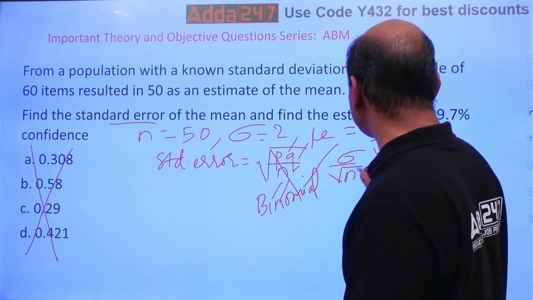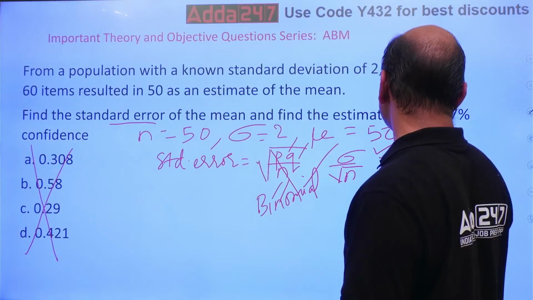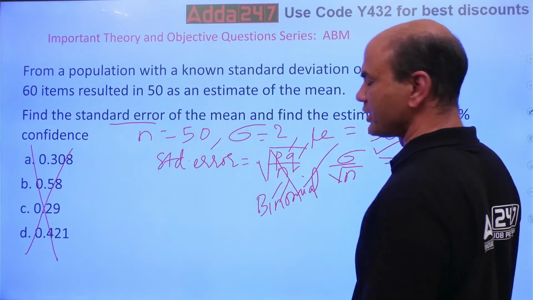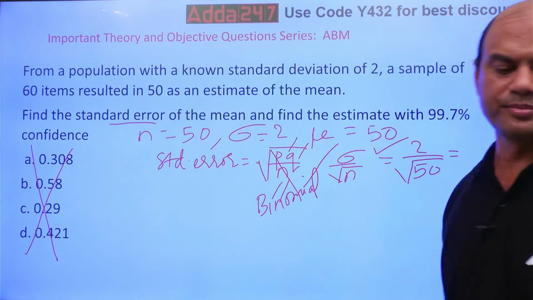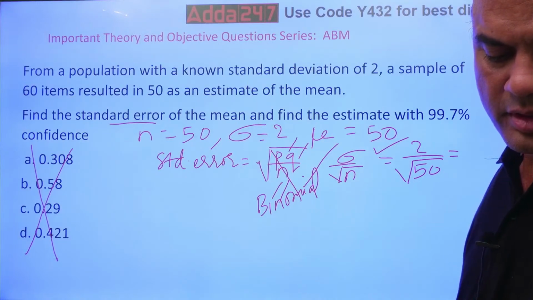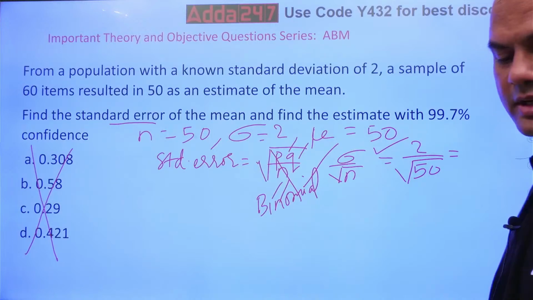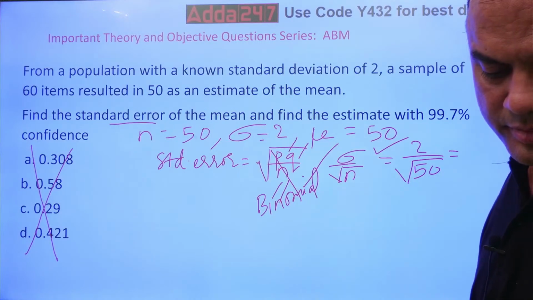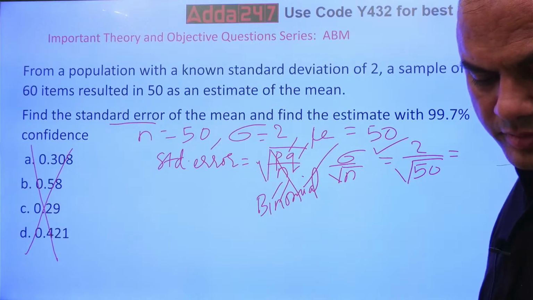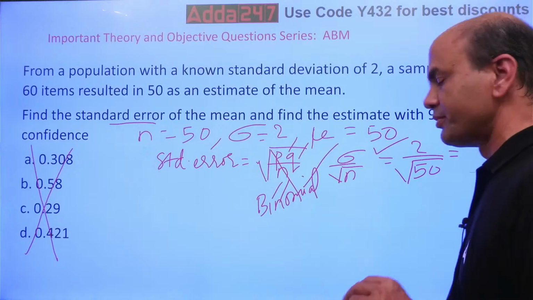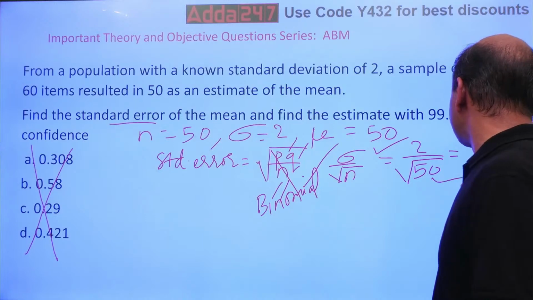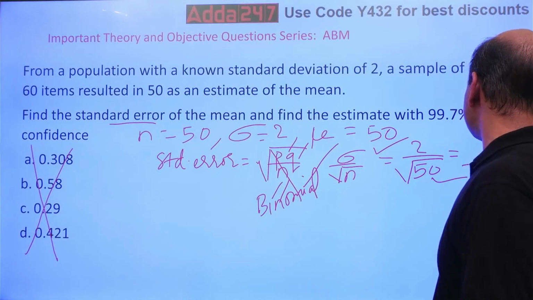So what is psi? Psi is given as 2, upon root of N, root of 50. Find it. Get me the answer now, I'll also try. Let's see who does it first in the comment section. Root of 50 is what? 7.07.